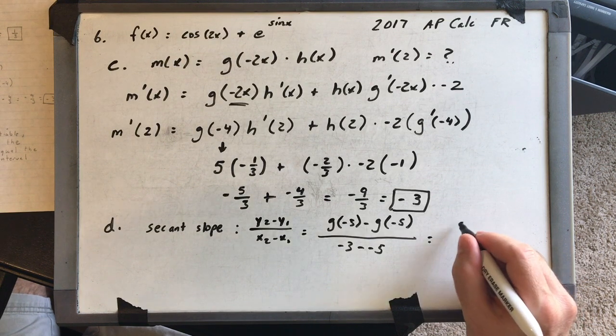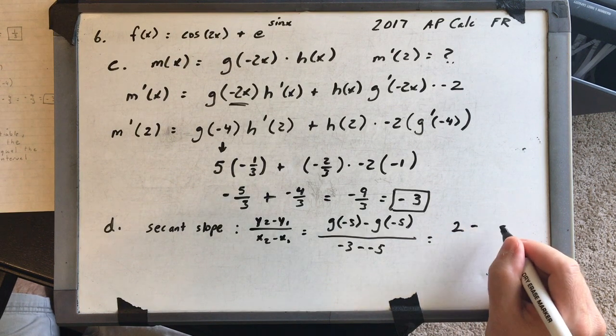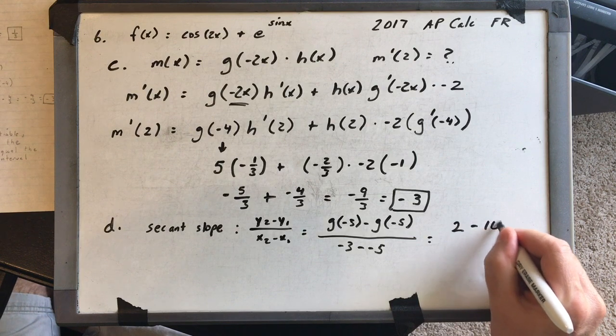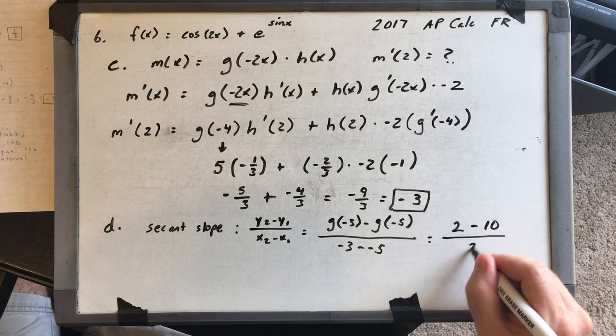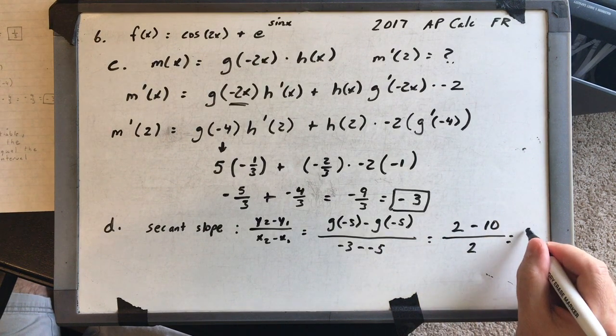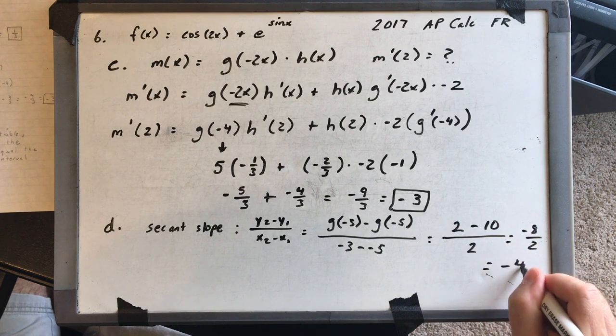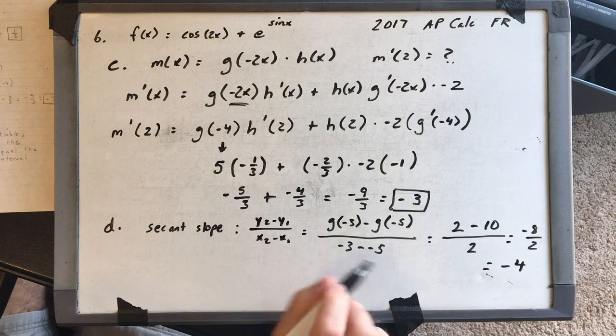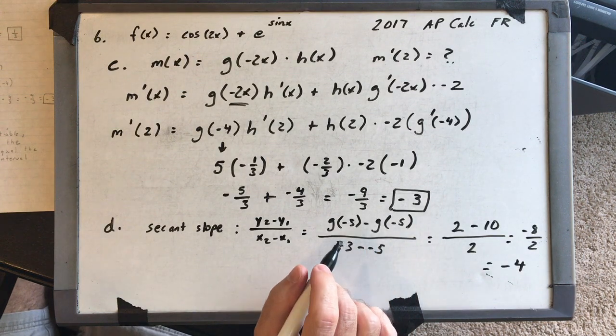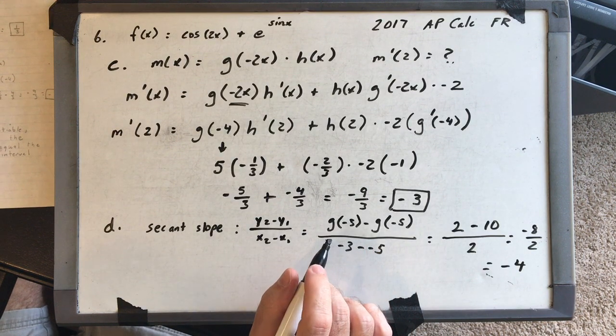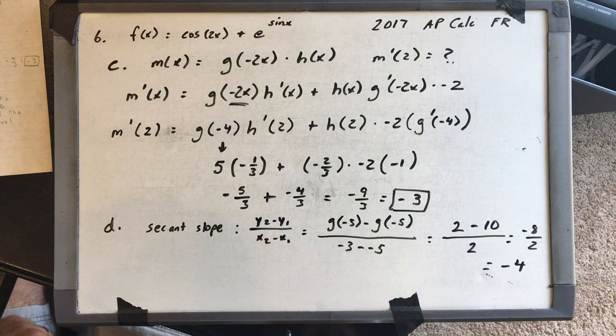That is 2. G of negative 5 is in the table, and that is 10. So that is negative 8 over 2, which is equal to negative 4. So the secant slope is negative 4. So we know that the tangent slope has to be negative 4 as well.